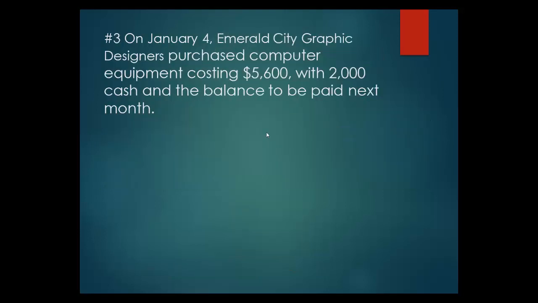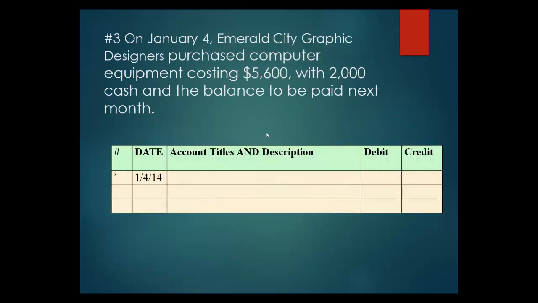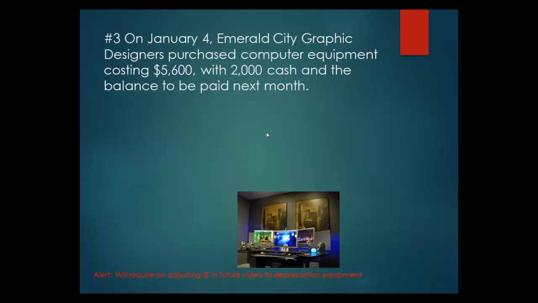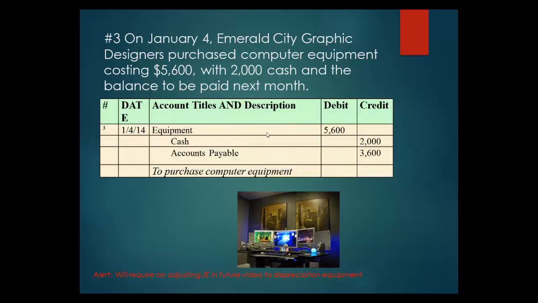Next journal entry, Emerald City purchases computer equipment costing $5,600 with $2,000 in cash and the balance to be paid next month. So we've got cash involved, we've got a bill that we've got to pay in the next month, and we brought equipment in. All right, the equipment is increased.